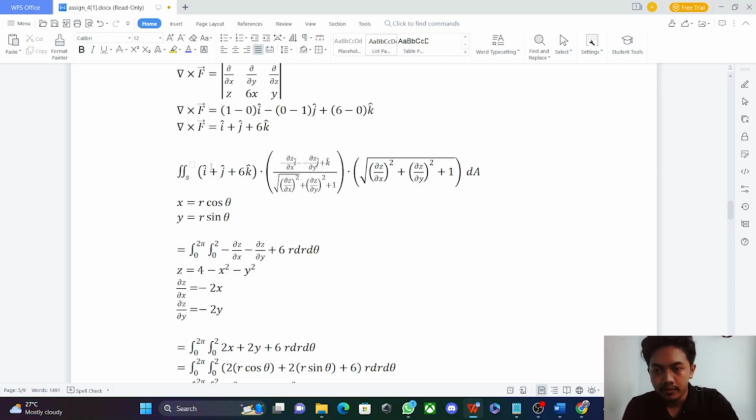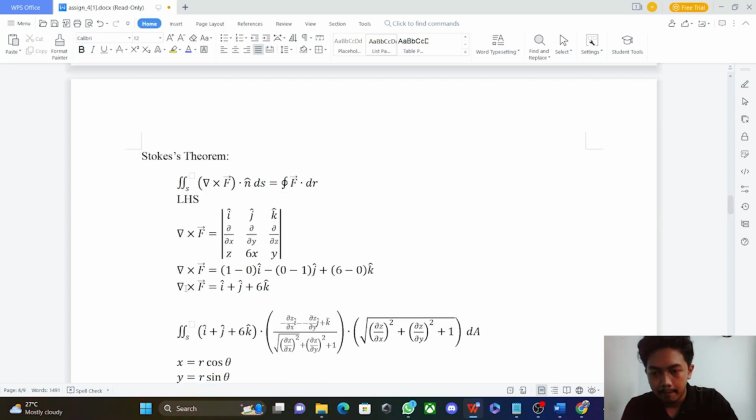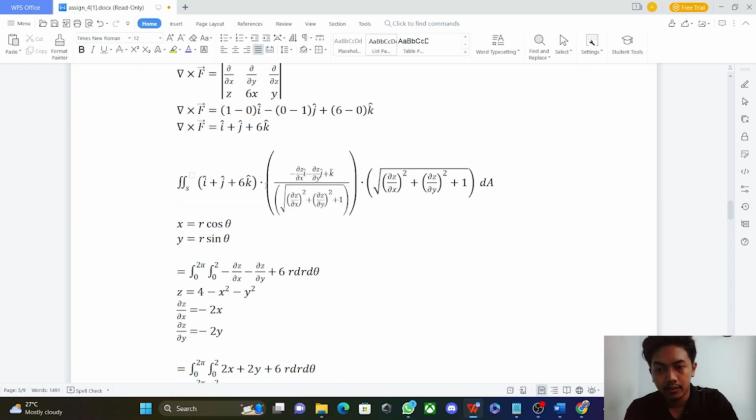Using this equation, we put it into the first equation, and we got the integral of (yi + xj + 6k) times n.